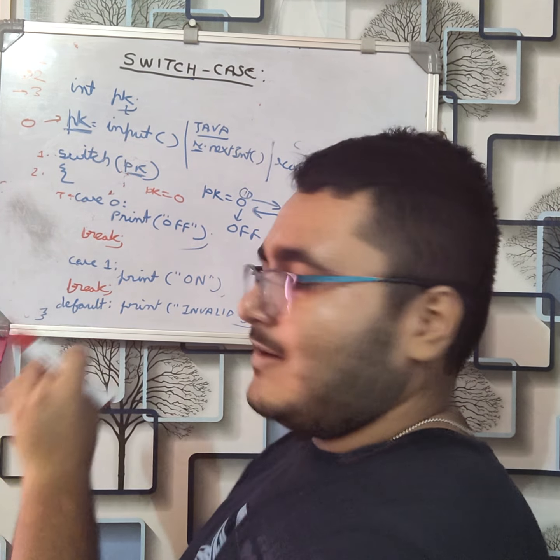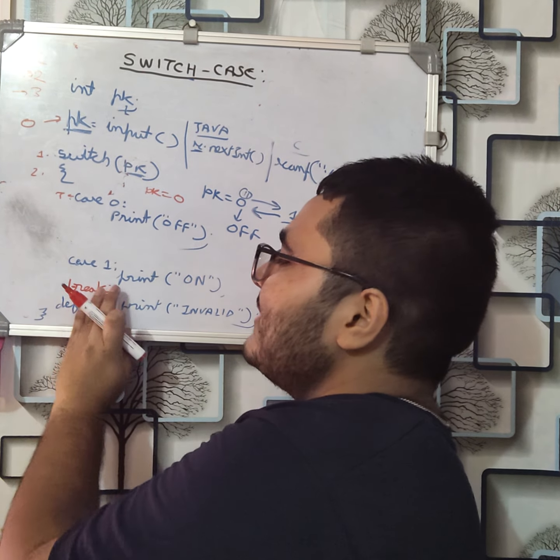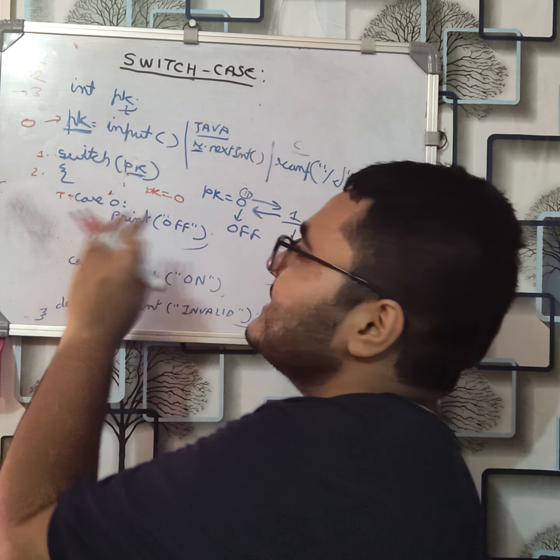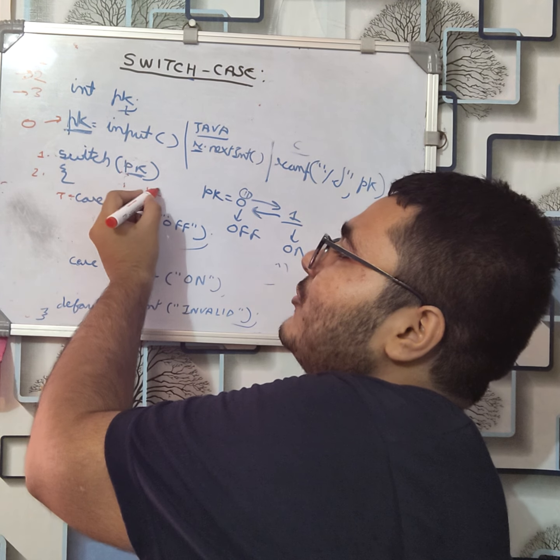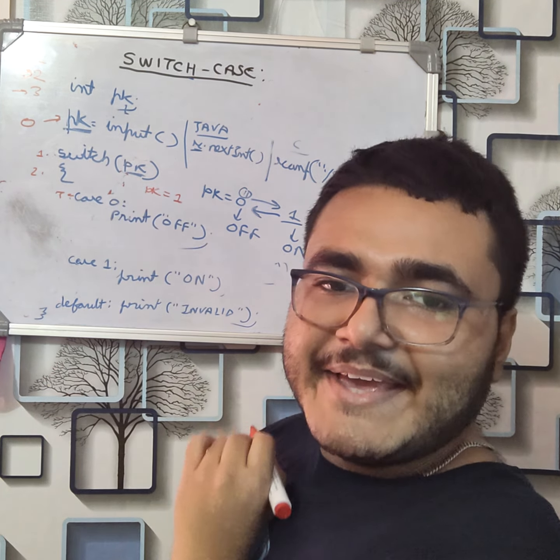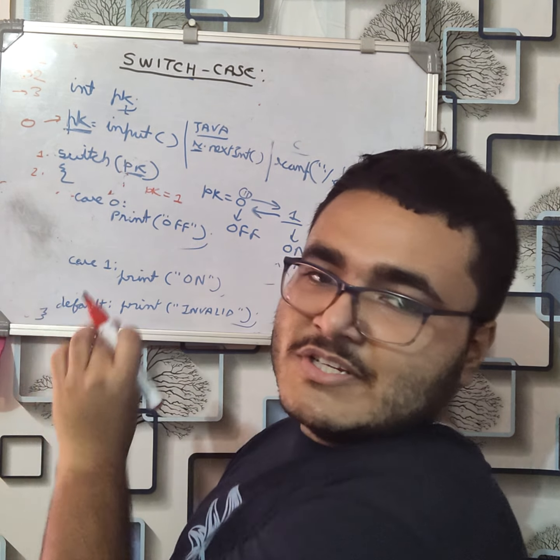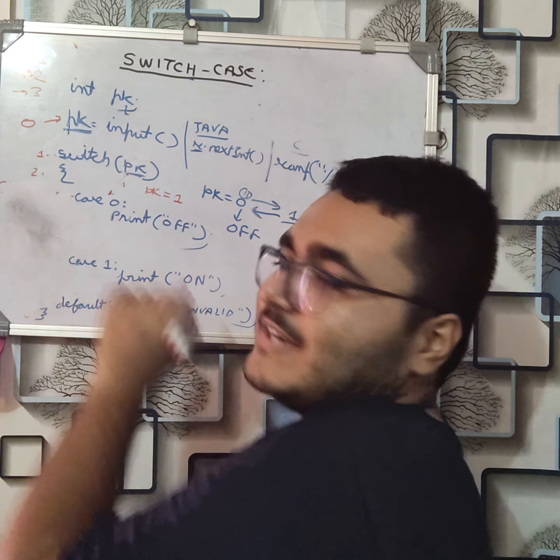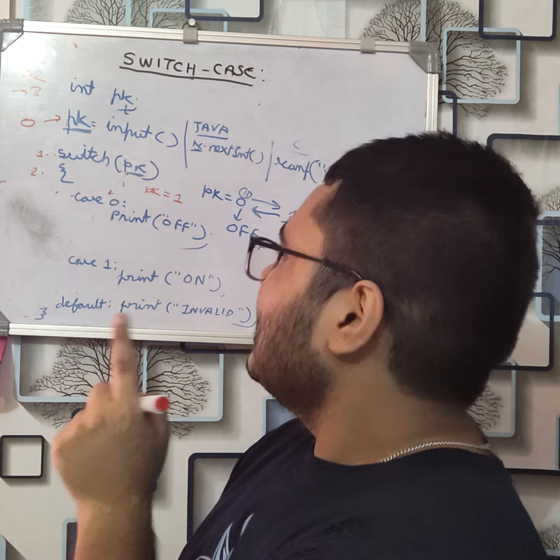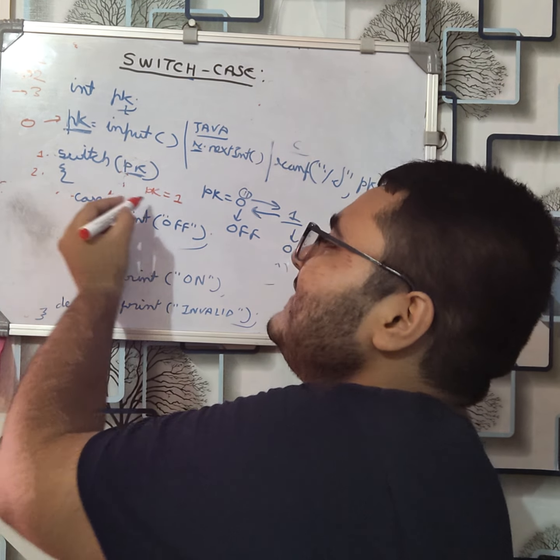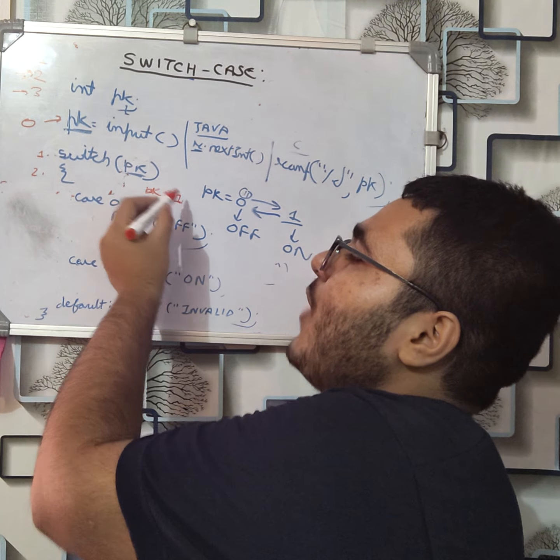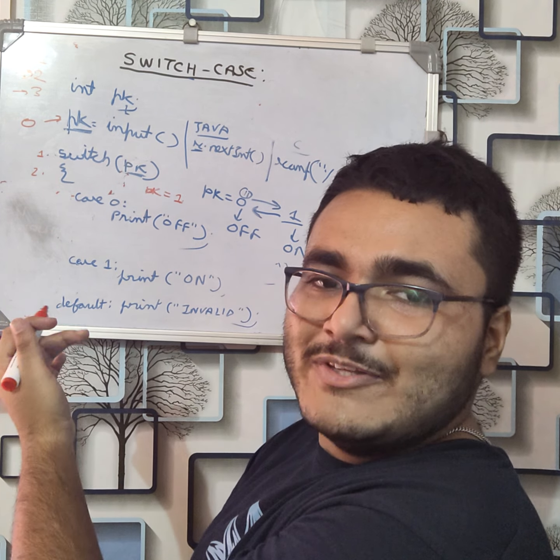Okay, there is a question I want to ask you. Before giving this break statement, if the value of pk was 1, so in that condition also will I execute case 0? No, actually no. If the pk value is 1, so 1 is matching with which case?